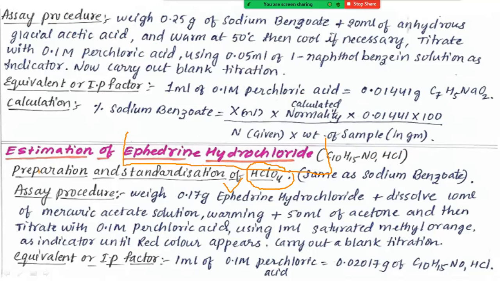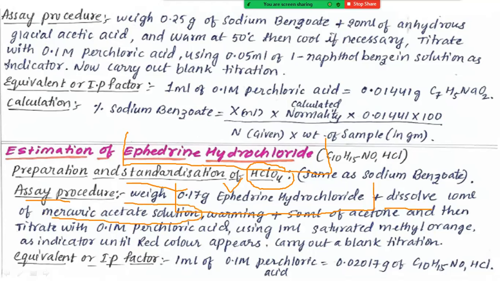I'm not repeating the standardization procedure, since the same standardization procedure that we saw in the previous slide is applicable here also. For the assay procedure, initially we need to take 0.17 grams of ephedrine hydrochloride, which is a weak base with very low dissolution properties. It is dissolved in 10 ml of mercuric acetate.